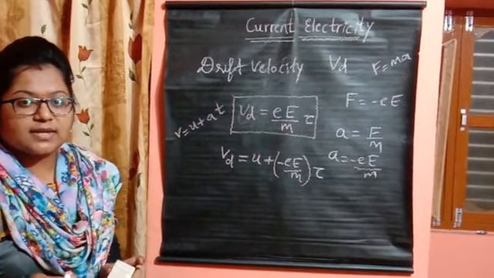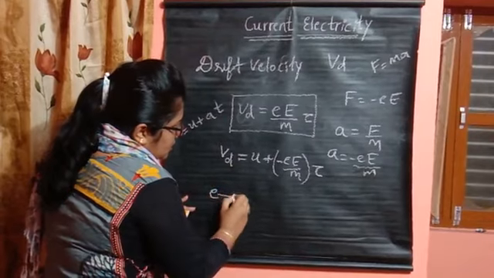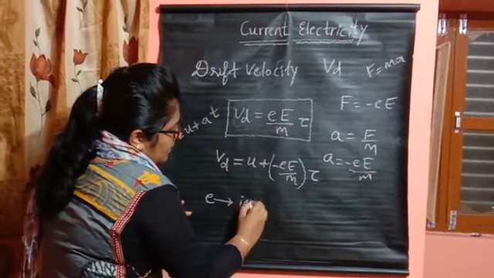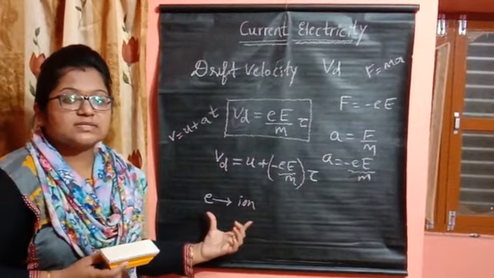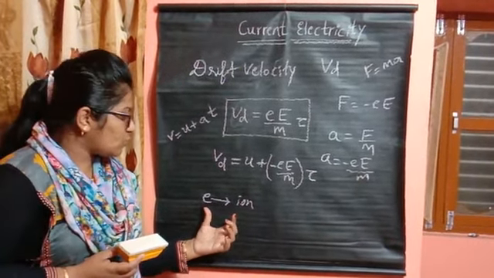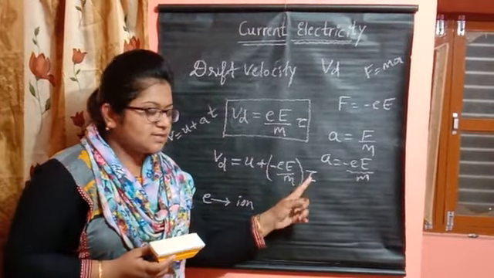What is that relaxation time? The time in which an electron collides with the vibrating ions in the conductor. This is the time between two successive collisions of electrons and the vibrating ions, which we are taking as tau.